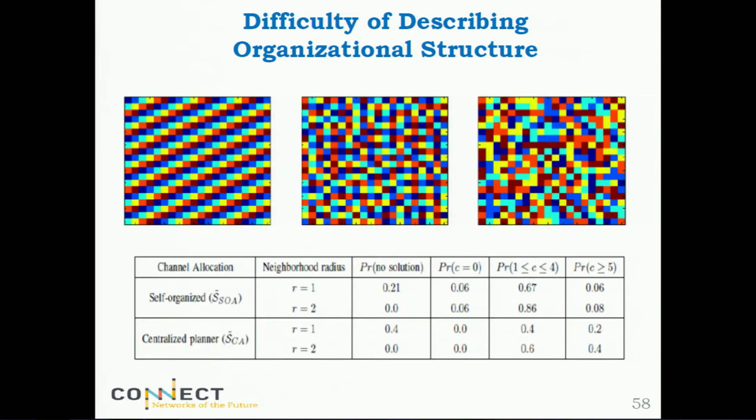So with this constraint, the centralized scheme normally doesn't do a very good job. It takes more changes to converge to something interference free, and sometimes you don't even have a solution at all. The self-organized scheme will always find a way through, and normally in a quicker fashion, okay?